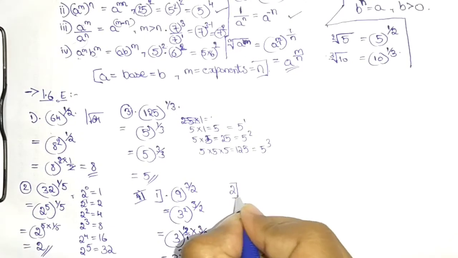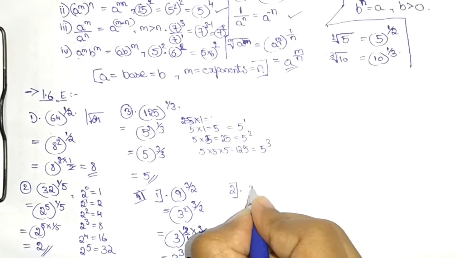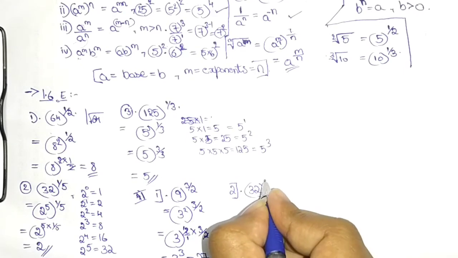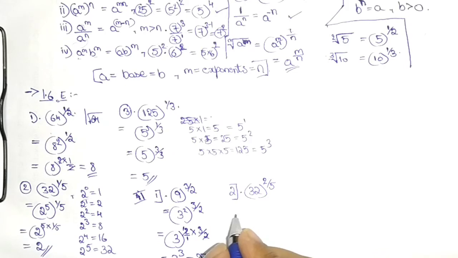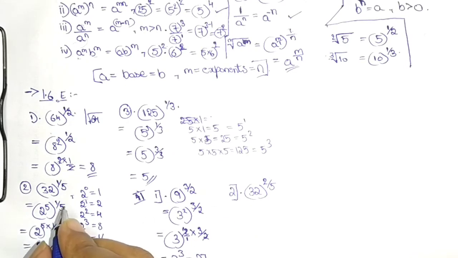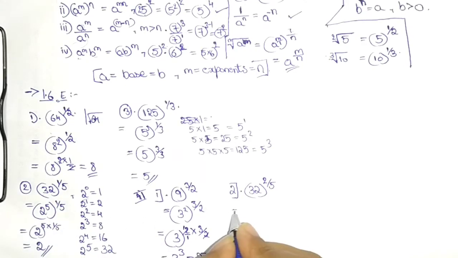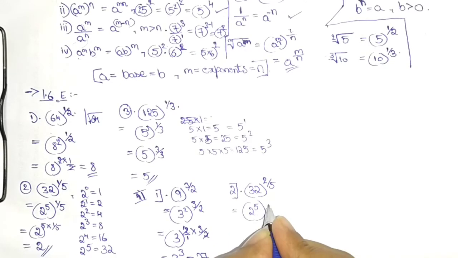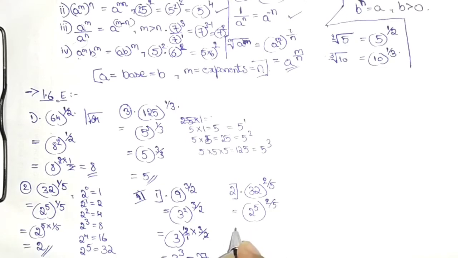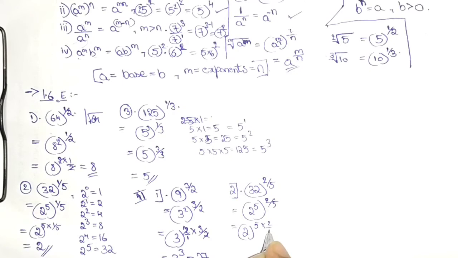Going to the second question: 32 power 2 by 5. As we dealt with the earlier question, 2 power 5 is nothing but 32, so 2 power 5 whole power 2 by 5.